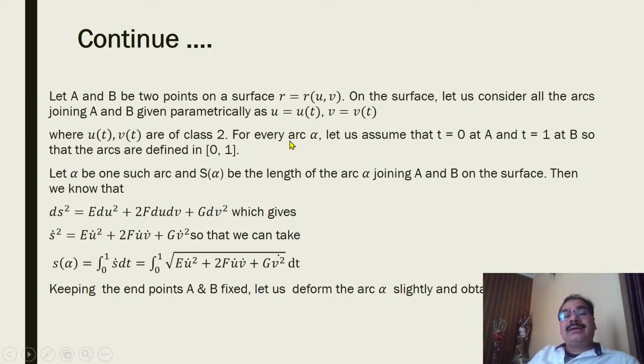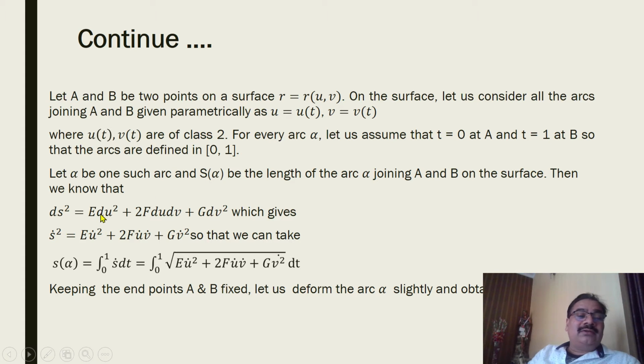For every arc alpha, let us assume that t is 0 at A and t is equal to 1 at B, so that the arcs are defined in the interval 0 to 1. Let S alpha be the length of the arc alpha joining A and B on the surface.